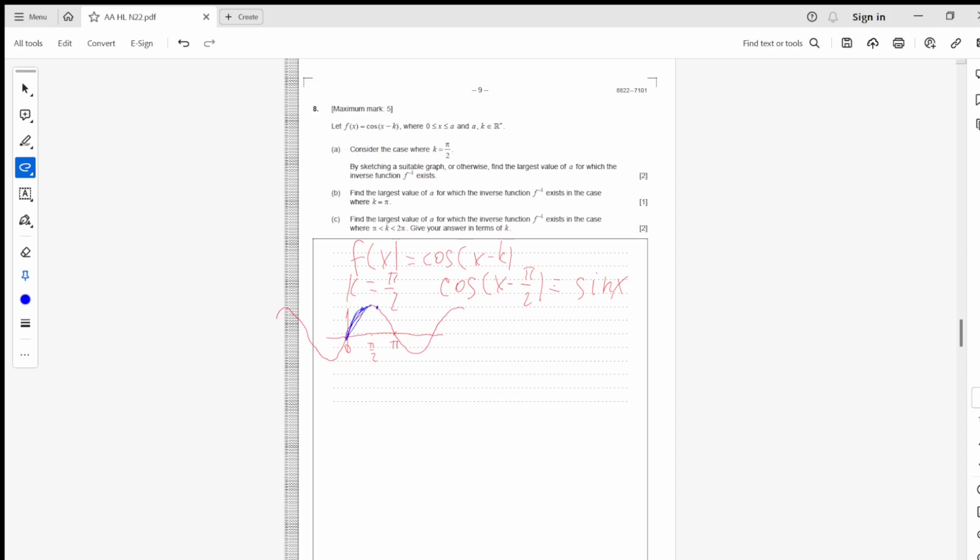So our answer would be a is equal to pi over 2.